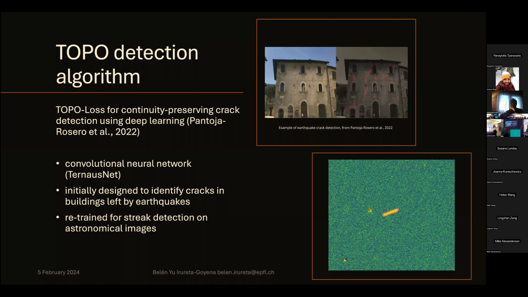You feed the algorithm just the image of a building, and it will tell you whether there were any cracks in the facade left by earthquakes. It's been retrained by me to identify these moving objects, and it's worked well because at the end of the day, it's just trying to find line-like features in optical images.